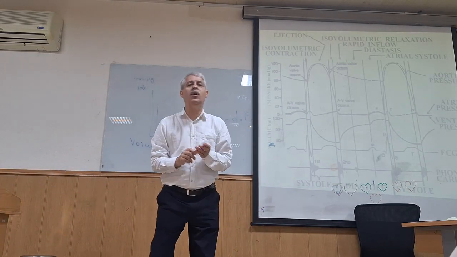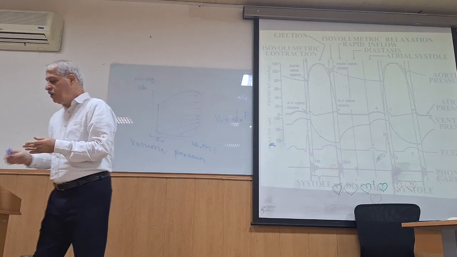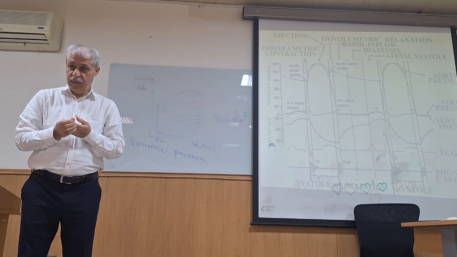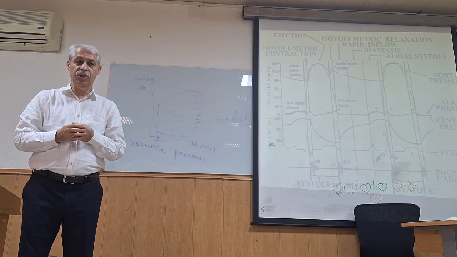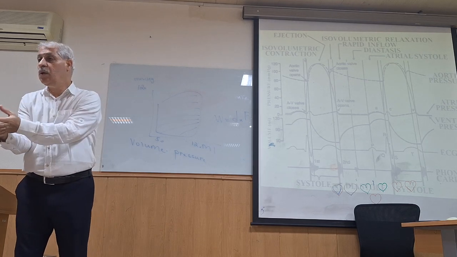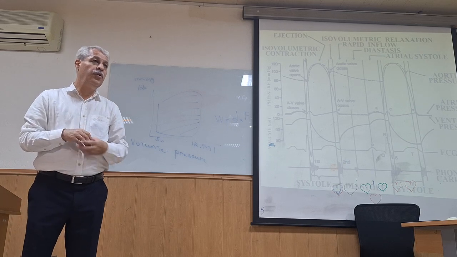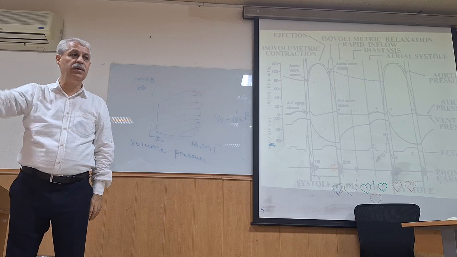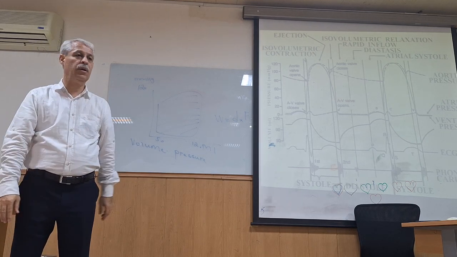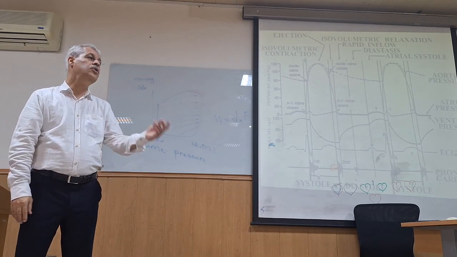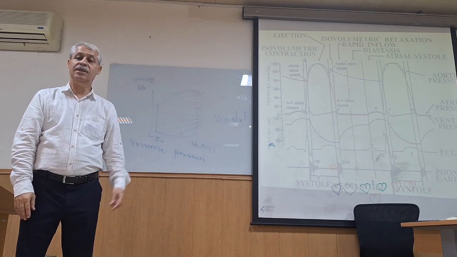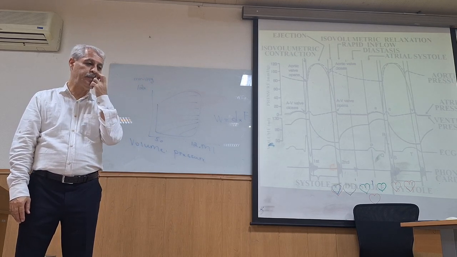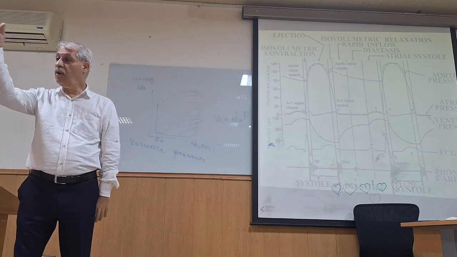We have 2 types of work. What is the work? The amount of energy that is used to move blood from the low pressure veins to high pressure arteries. This is one type of work. The other type of work in the heart is to accelerate blood to its high velocity.